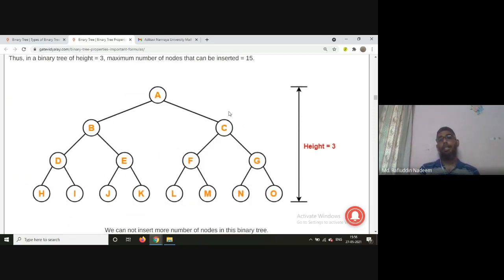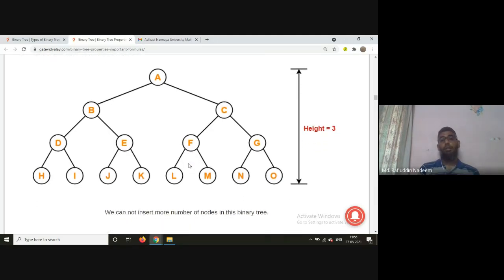A, B, C, the height is 3. So 1, 2, 3. From the leaf node to the root node, we are having only 3 edges at a maximum. So the height is 3, and it can possess a maximum of 15 nodes, not more than 15. We cannot insert more nodes in this binary tree.